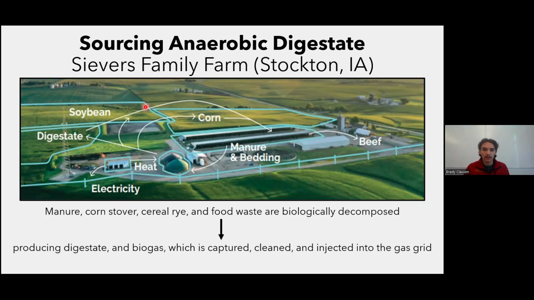The manure, bedding, corn stover, cereal rye, and food waste all go into this digester, be composted, zero oxygen. We collect that gas. That gas gets cleaned, purified, and sent out to the natural gas grid. You can see the arrow moving from those two domes out to the field with digestate, that solid product, which then gets applied back onto the soy and corn rotations.